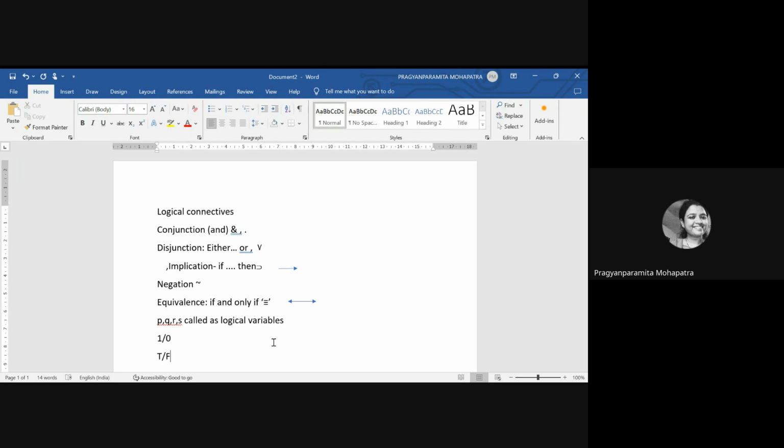When dealing with compound propositions, the truth value of a compound proposition depends upon the truth values of the two simple propositions it contains.